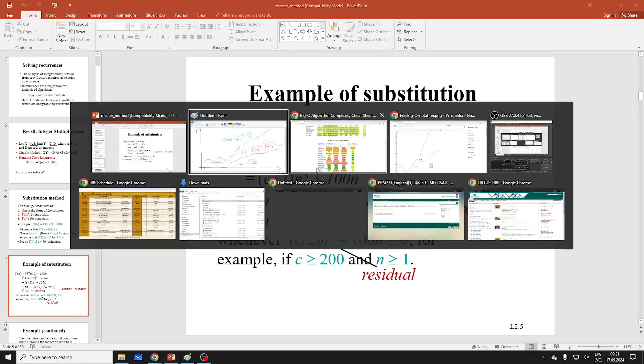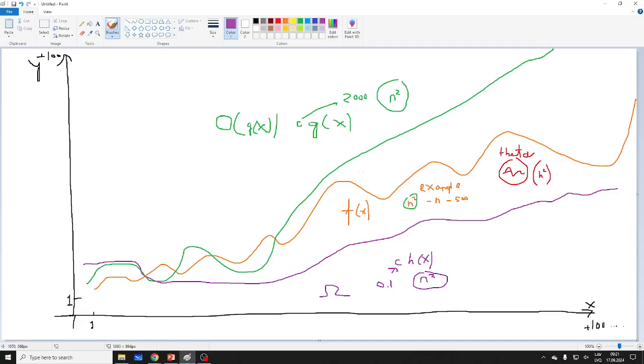Remember my amazing graph? At some moment, somewhere up here, this is where the magic happens. So this would be c equals 200, for example. This is where it happens eventually.